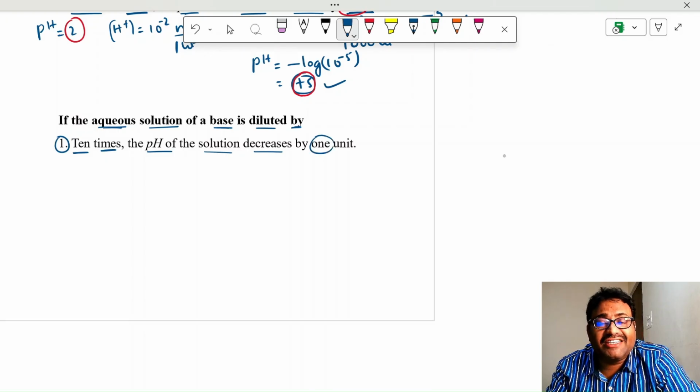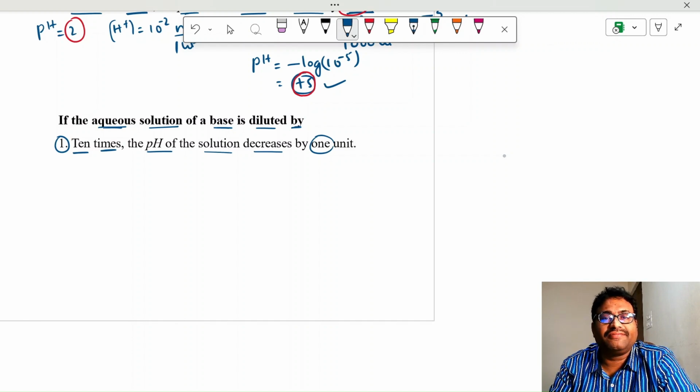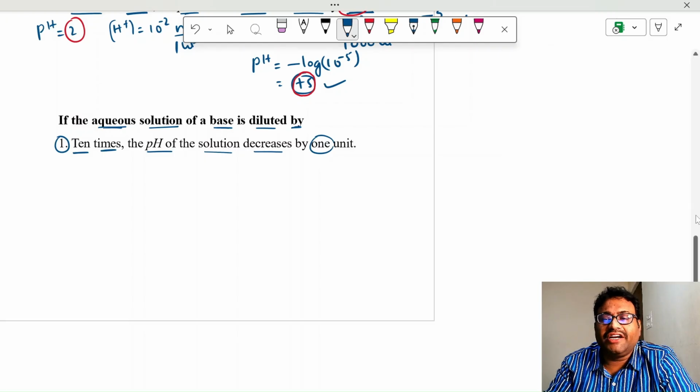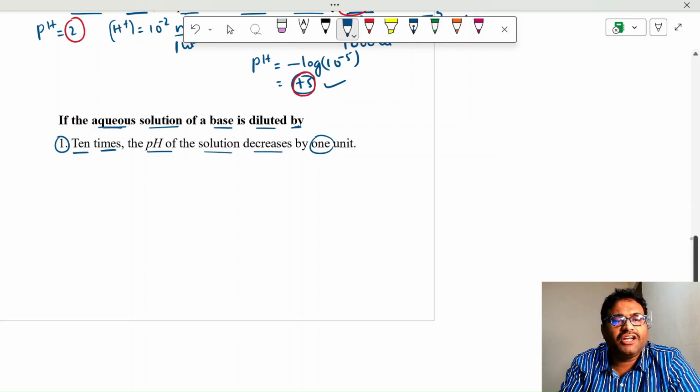In the case of acid, if you dilute an acid solution by 10 times, the pH increases by 1 unit. Here, if you dilute a basic solution by 10 times, the pH of the solution decreases by 1 unit. Are you getting this? So let us see. Here, basic solution, so pH is equal to, for example, let me take it as 9.